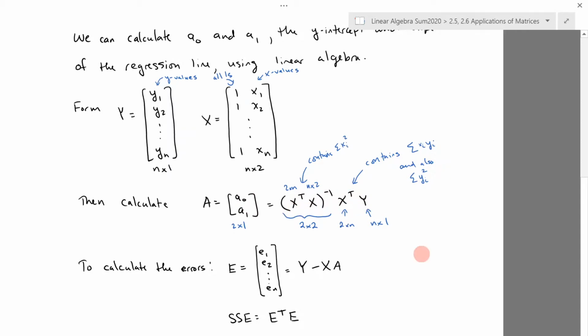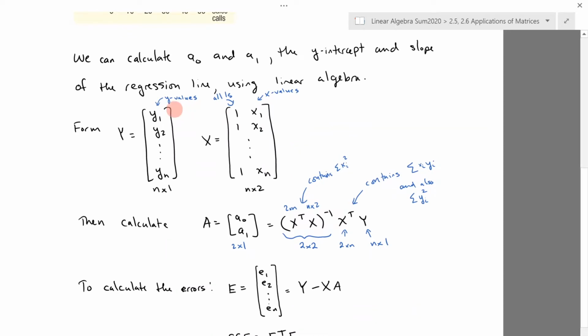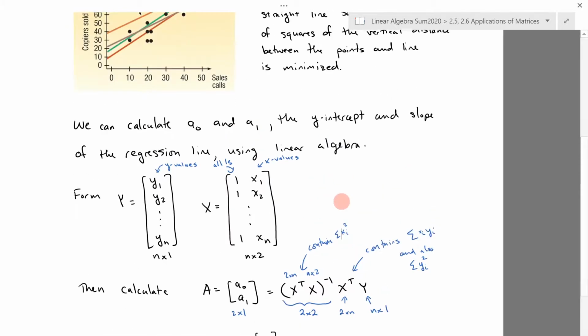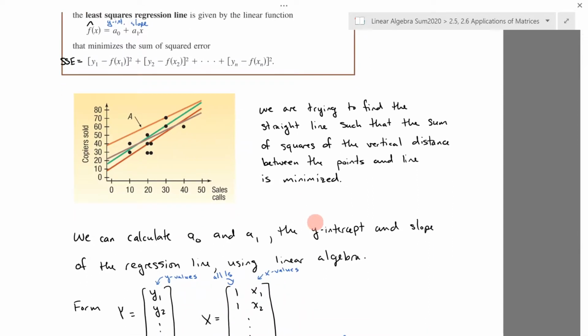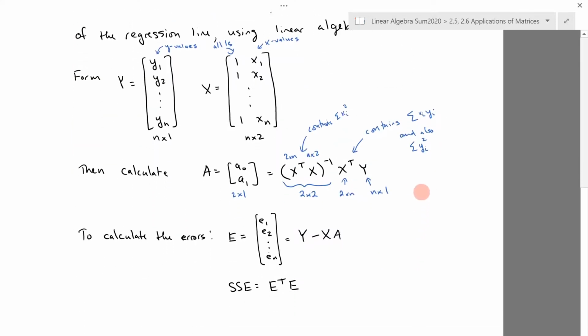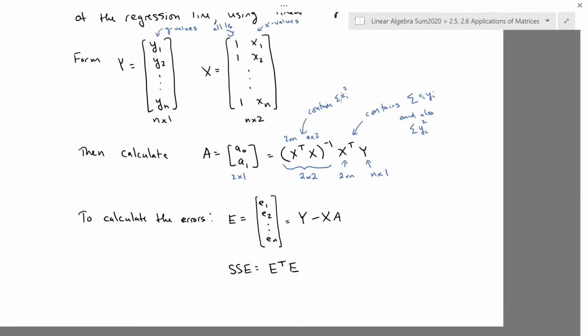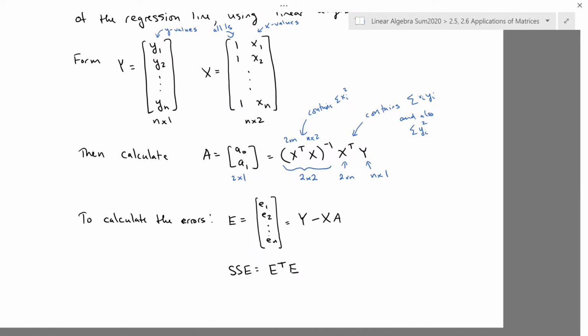One advantage of using linear algebra in this way is that if you expand these matrices, you can extend this method to higher order polynomials instead of just regression lines. Okay, so in any case, this is how we get the coefficients for the regression line, and then we can also calculate the sum squared error.